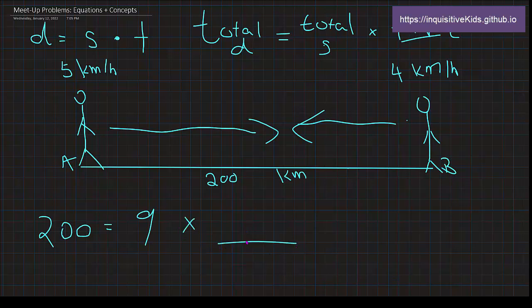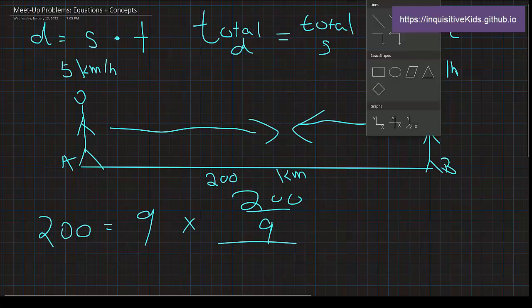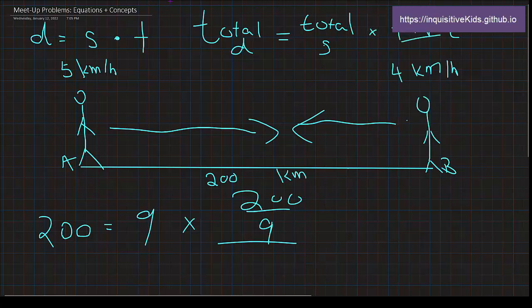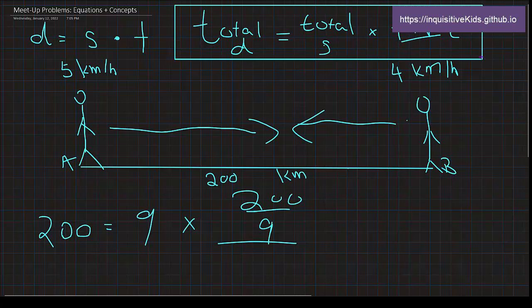So 9 is, we got that from 5 plus 4. And then this is just going to be 200 over 9. Okay, and this would be hours, how many hours there are. So for this, all we're saying is this is the formula. You should know. This is the formula.